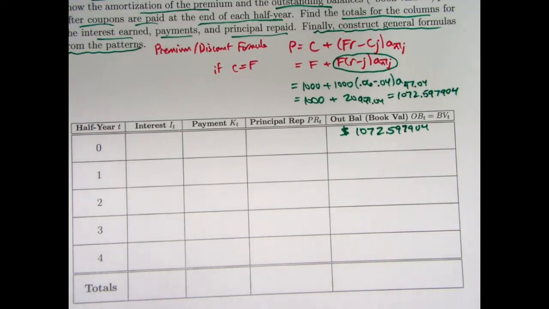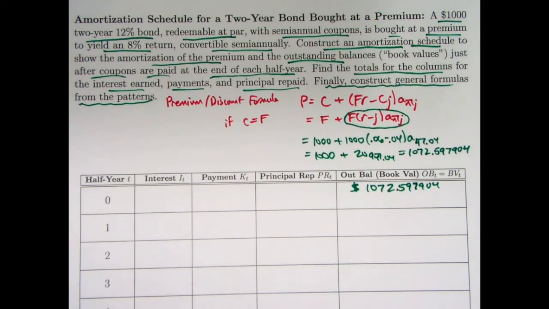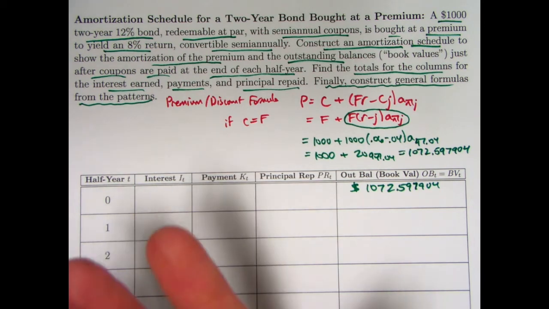Now, before I continue on, I want you to realize, conceptually speaking, in filling out this amortization schedule, it's very helpful for you to think of a bond as a loan. What do I mean by that? Well, you imagine yourself purchasing a bond from either a corporation or a government entity. You are, in a sense, loaning them money. You have become the bank to them.